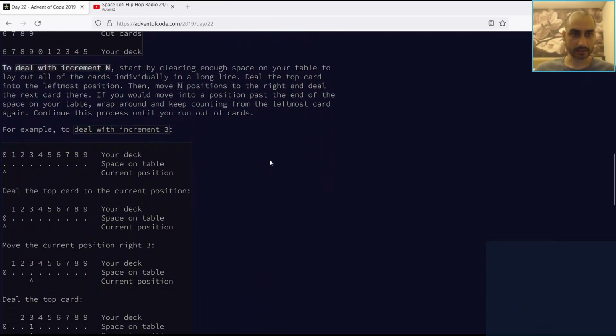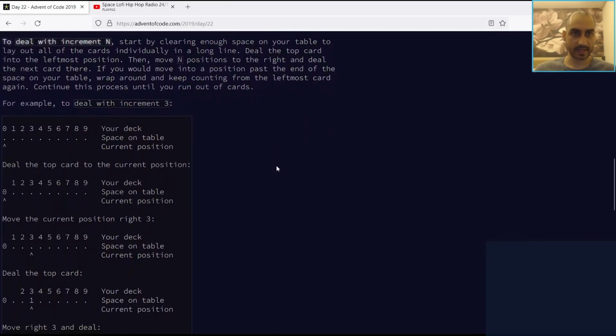So that's cut, and then deal with increment N. Start by clearing enough space on your table to lay out all of the cards individually in a long line. Okay. Deal the top card onto the leftmost position.